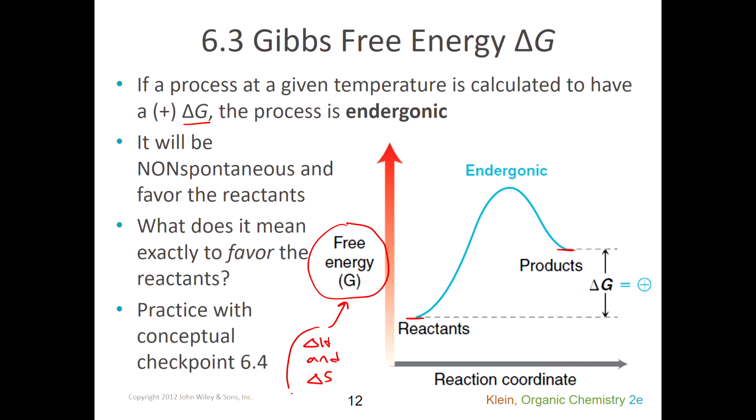And so if we consider both of those and put it together with the formula to get delta G, that tells me that this process at whatever temperature we're talking about is not going to favor products, it's going to favor reactants. So this is just like a visual way of showing whether delta G is positive or negative. And what it means to favor something is that you'll have more of that when it reaches equilibrium.